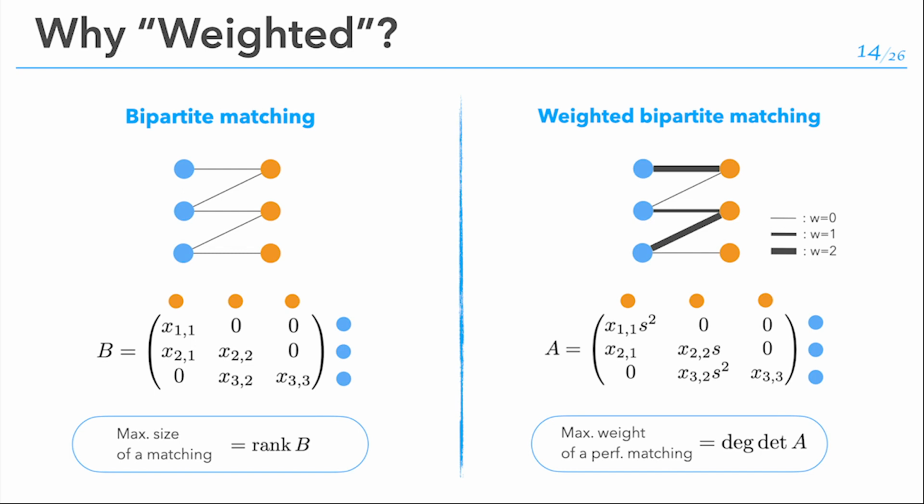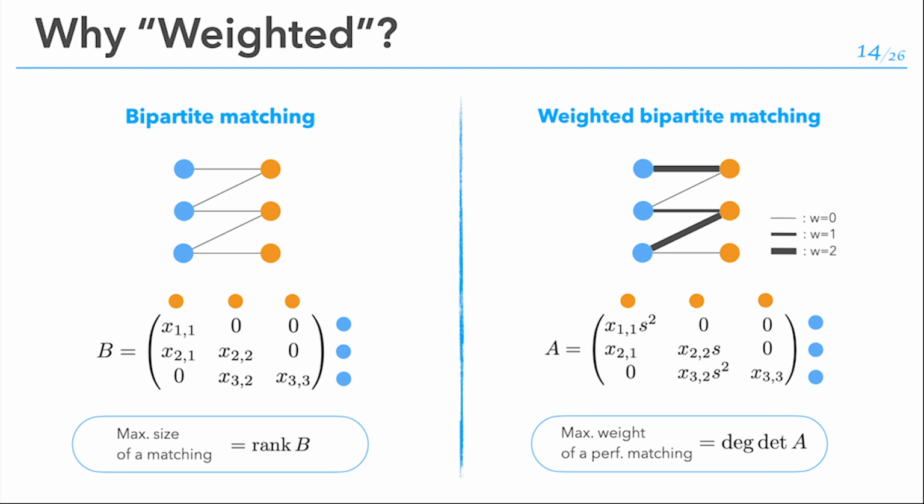In this polynomial matrix, we introduced a symbol s, and we set the weight of each edge as the power of s in the corresponding entry of A. So for example, the (1,1) entry of A is x11 times s squared. The 2 in the exponent of s corresponds to the weight of the corresponding edge.